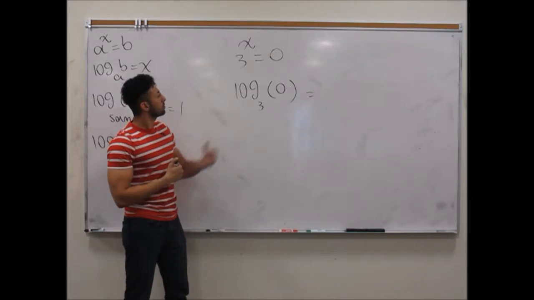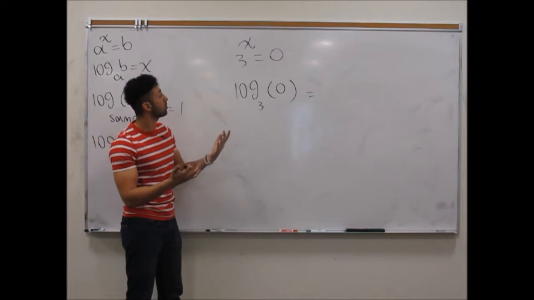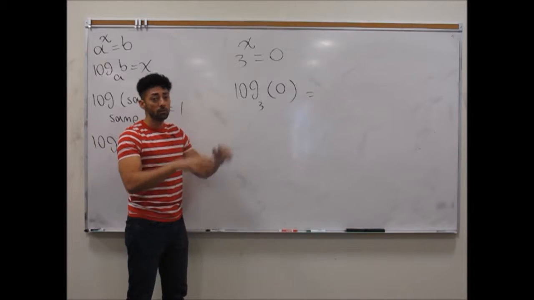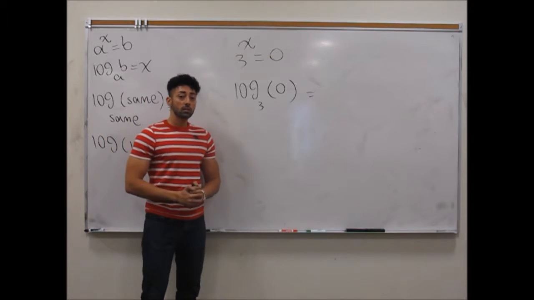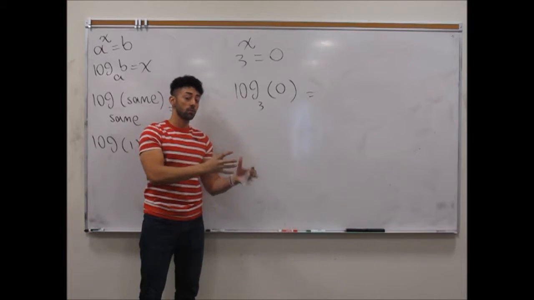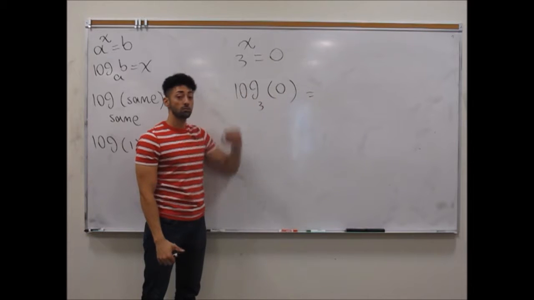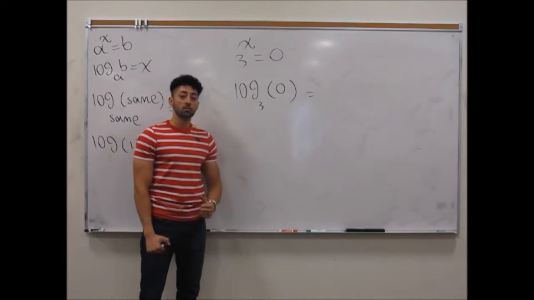There's really no power you could raise 3 to get 0. If we raise 3 to 1, we'd get 3. If we raise 3 to 0, we'd get 1. There's really no way about it. So just thinking logically, when you raise stuff to an exponent, you've got to get something out. You never get 0 out. So there's actually not an answer for this.